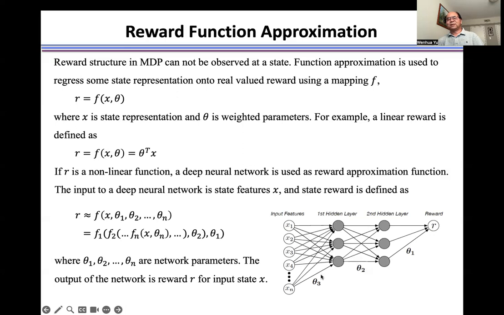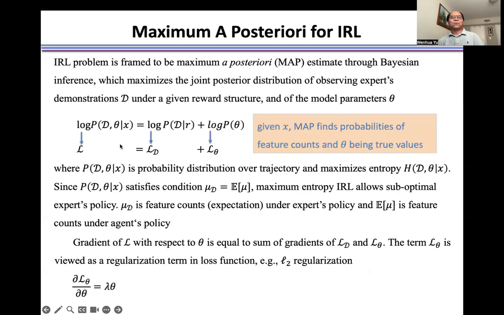That means from the convergent model parameters, we can determine the optimal policy and then calculate the reward function R. To do so, we use this joint conditional probability P. At each state, from theta we find R, and at the same time we let the agent policy get close to the expert policy.